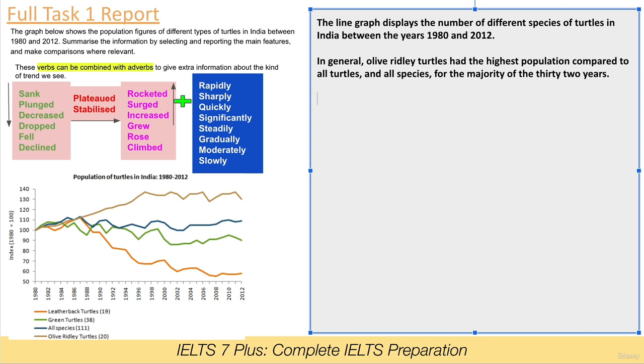So now we can get started with our first group, and we're talking about 1980 to 1996. Okay, so in 1980, all groups started around the 100 mark.